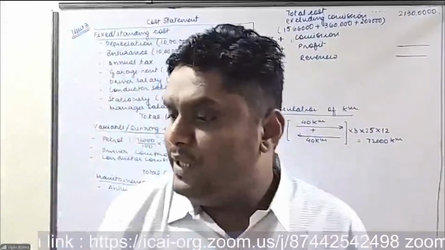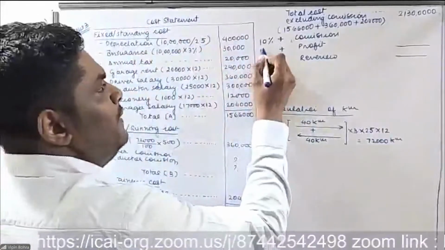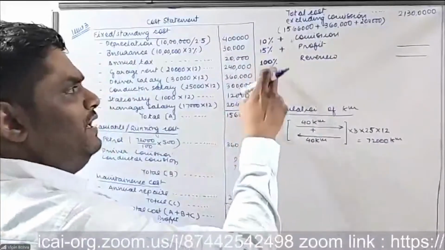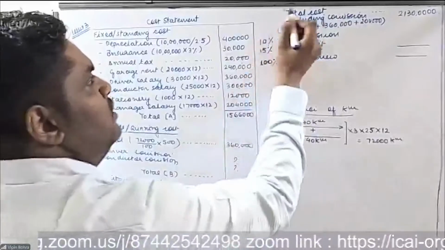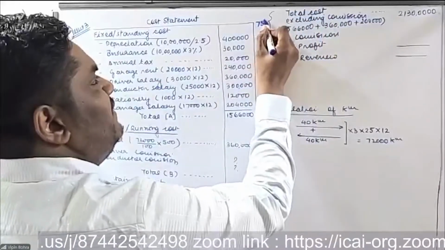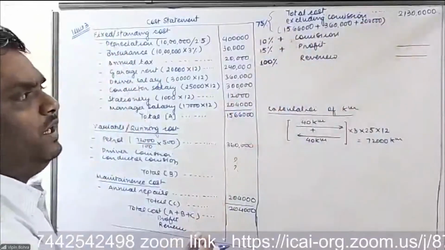Further, it is given that the profit is 15% of the total takings. So out of 100, 15% is my profit, 10% is my commission. So this cost excluding commission will be 75% of the total revenue.